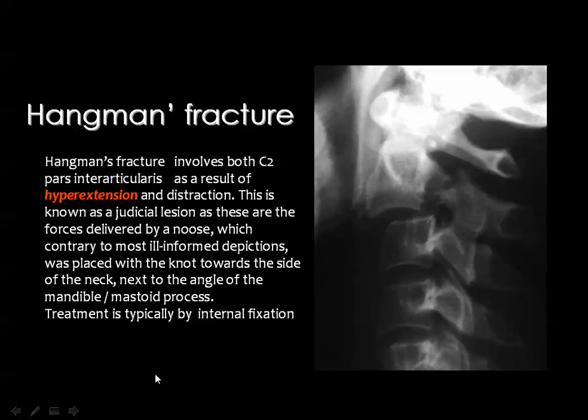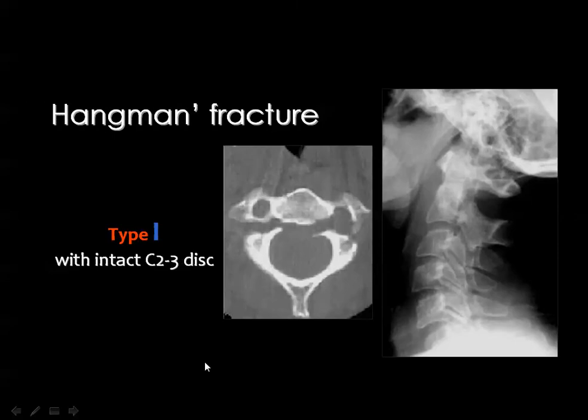And this is the appearance of hangman fracture type 3, and you see there is fracture of the pars interarticularis of the C2 vertebral body. The vertebral body has been displaced anteriorly relative to C3, representing traumatic spondylolysis.